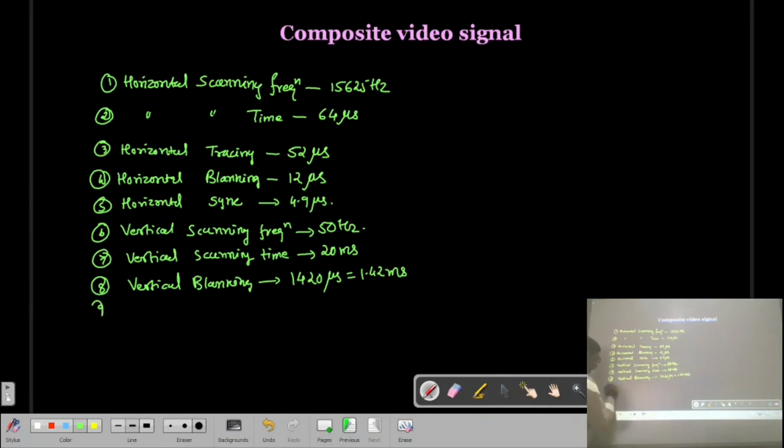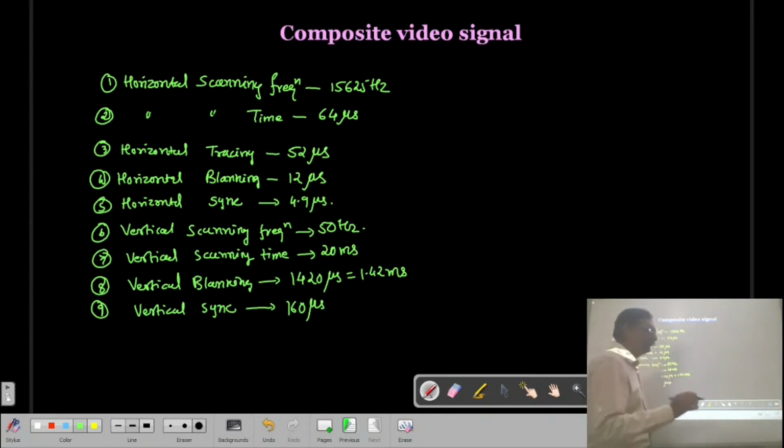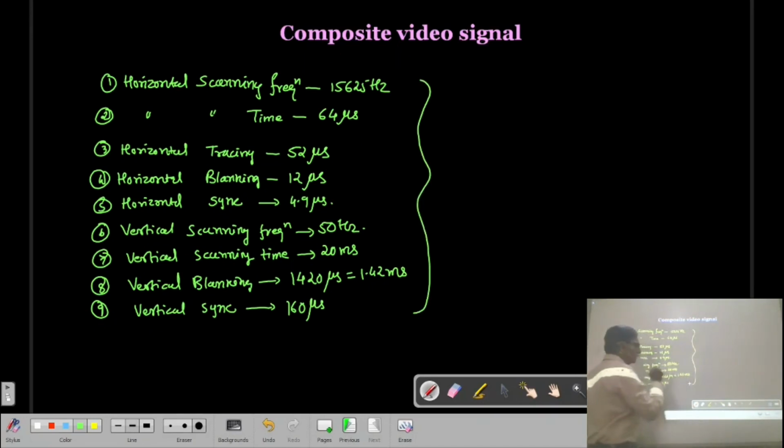And finally, the vertical sync is added, and that is a duration of 160 microseconds. So here you can see that with this video information, this many pulses are added with the video signal, and that's why it is known as a composite video signal.